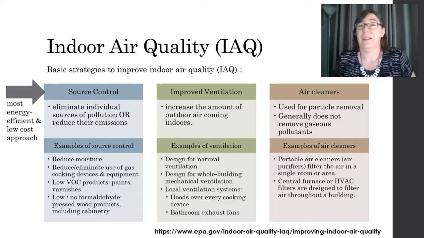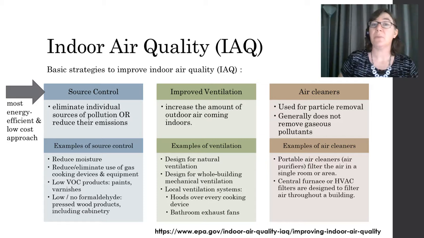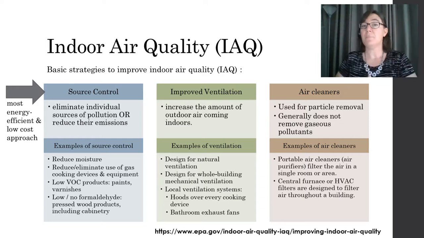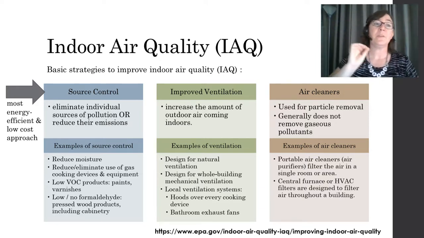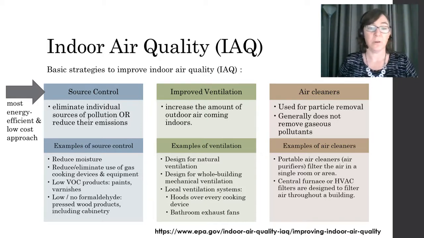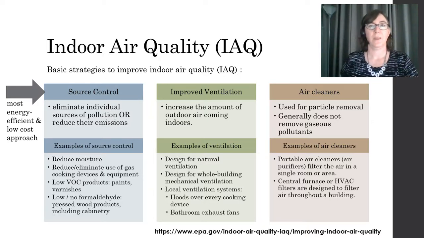Okay, well, that sounds all pretty awful. How can we make it better? How can we improve our indoor air quality? There are three basic strategies, and they are source control, improved ventilation, and air cleaners. So, starting with source control, this is the most energy efficient and low cost approach, and it is to eliminate individual sources of pollution or reduce their emissions.